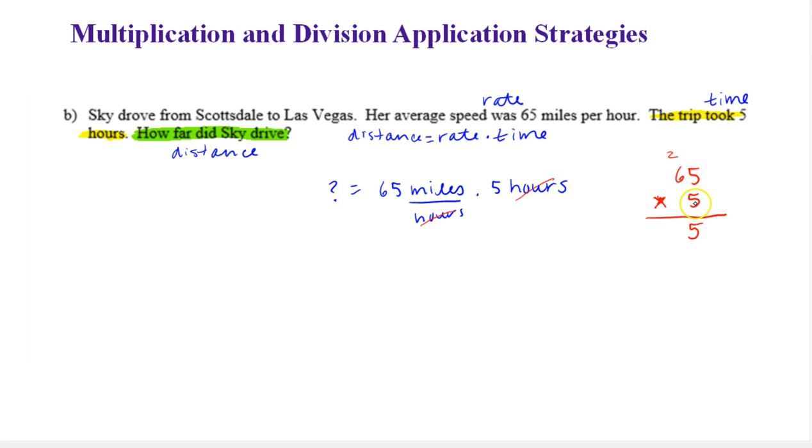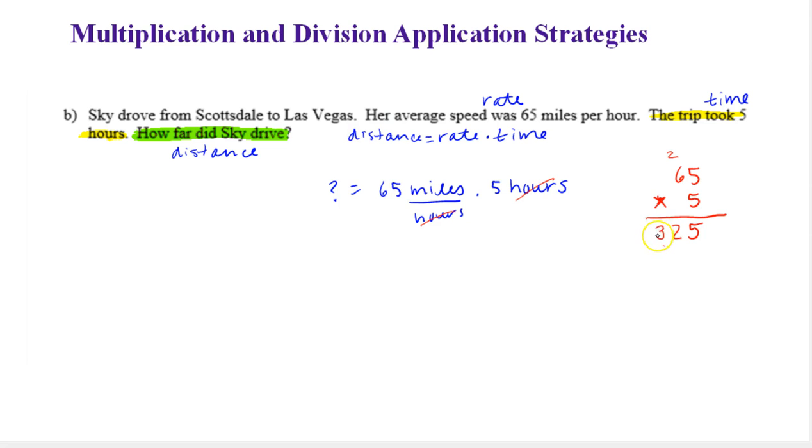Now this means 5 ones times 6 tens, because the 6 is in the tens place. So 5 times 6 is 30, and that's 30 tens. Okay, and then we have 2 more that we're adding on, which is 32 tens. So we're going to write 32. And because we put it to the left of the 5, it's in the appropriate place value. So that's the 2 tens. This is the 30 tens, which is the same as 3 hundreds.